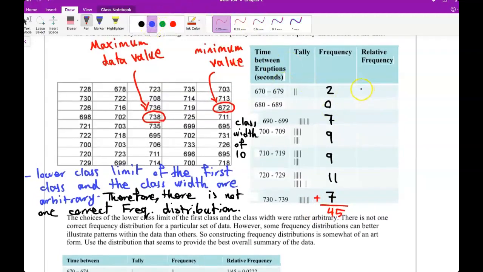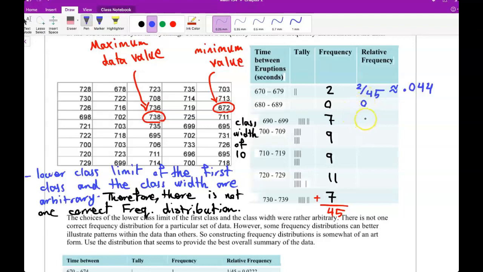Now here, find the relative frequency, dividing each one by the sum. So the sum is 45. Rounding that, here I have 0.044. So this one obviously is equal to 0.